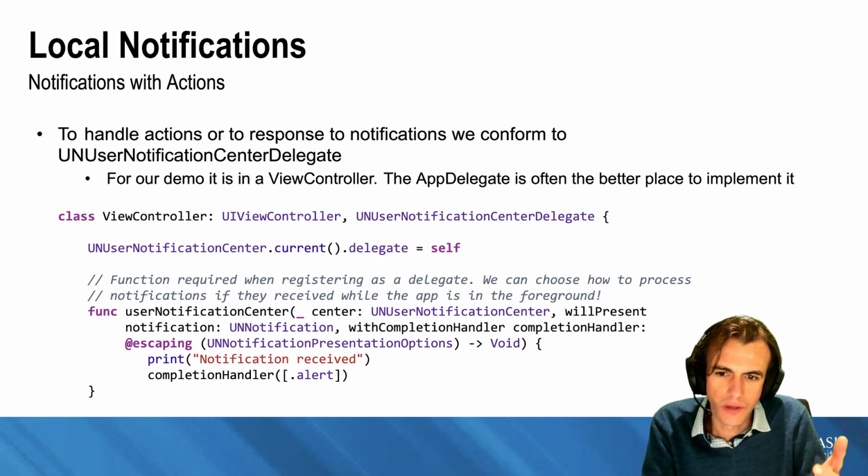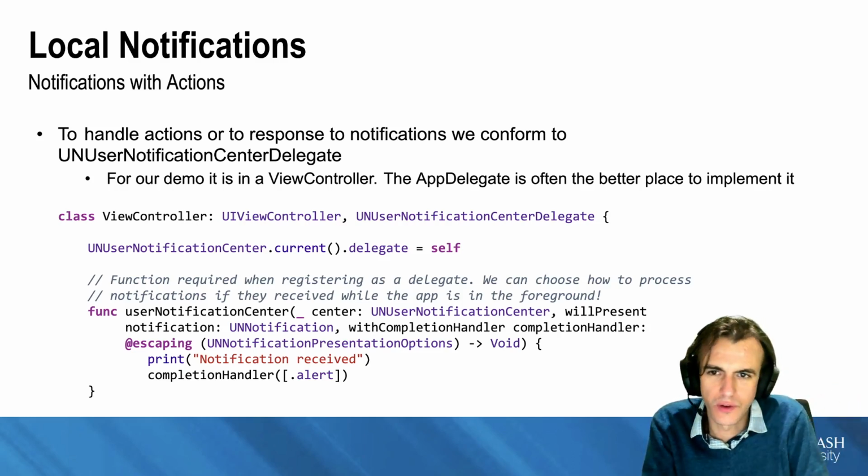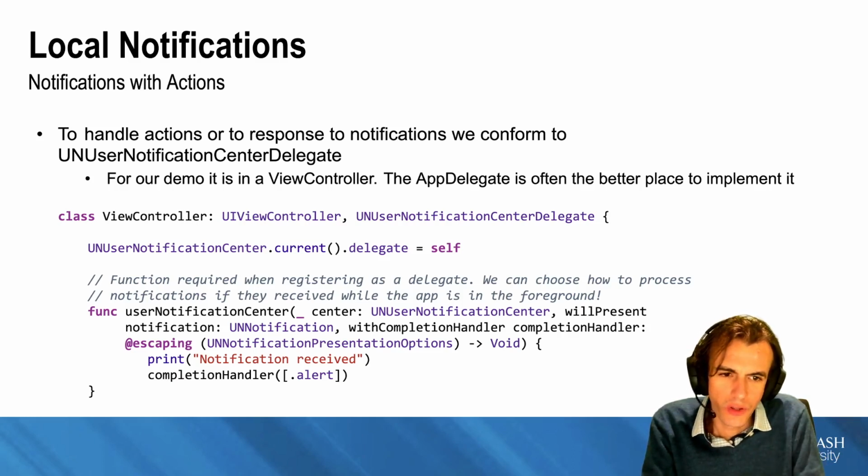And in this case, we can detect that a notification has been delivered. Even if the app's running, this is where we could do something in response to it. You get passed a completion handler, and you call that completion handler and let it know how you want the alert to be displayed.